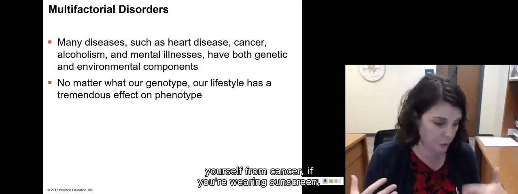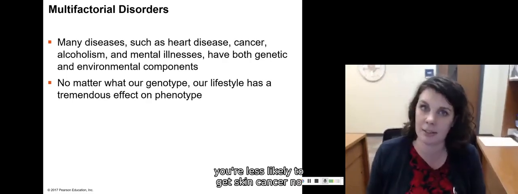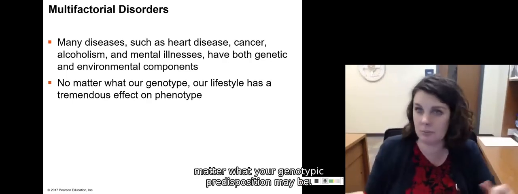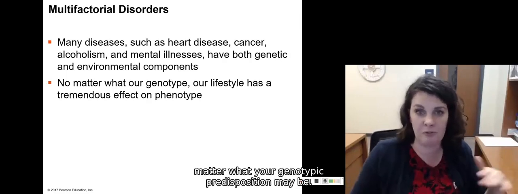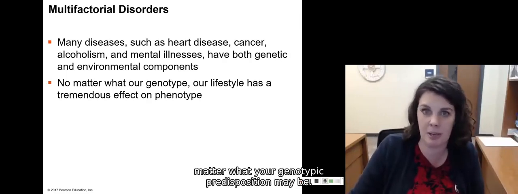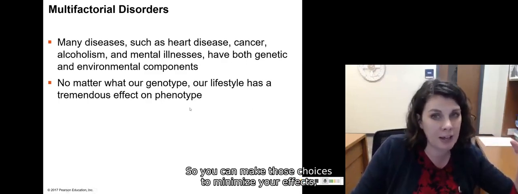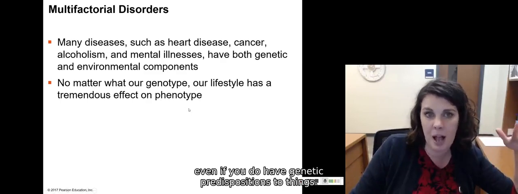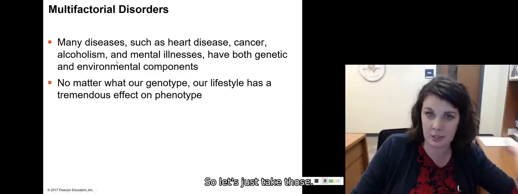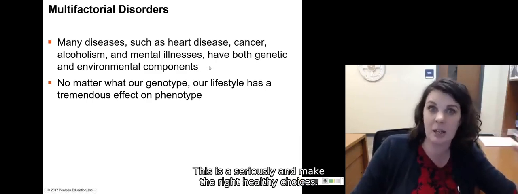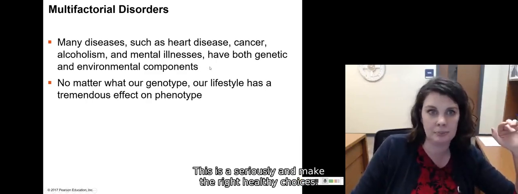If you are doing things to protect yourself from cancer, if you're wearing sunscreen, you're less likely to get skin cancer, no matter what your genotypic predisposition may be. So you can make those choices to minimize your effects, even if you do have genetic predispositions to things. Like, just take those diseases seriously and make the right healthy choices.